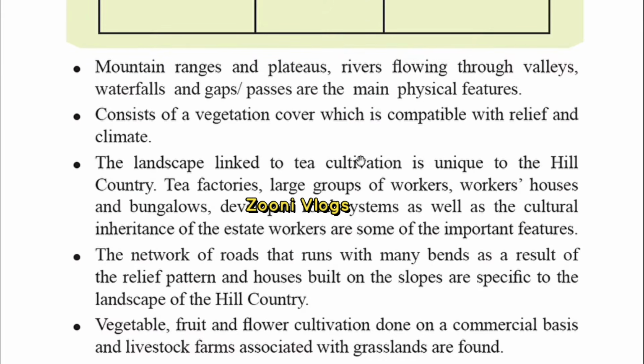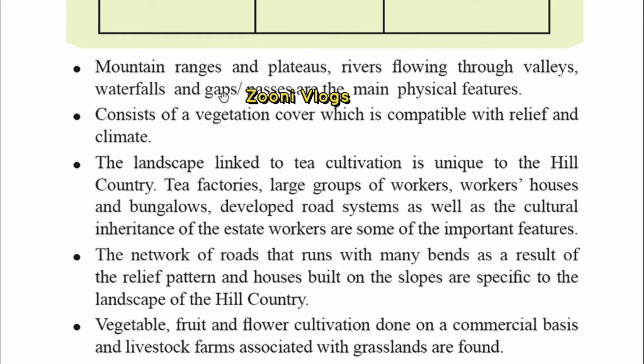There are especially mountain ranges and plateaus, rivers flowing through valleys, waterfalls and gaps or passes, which are the main physical features in the hill country. Hill country means you just imagine hilly areas. Now here we are in the hilly area.